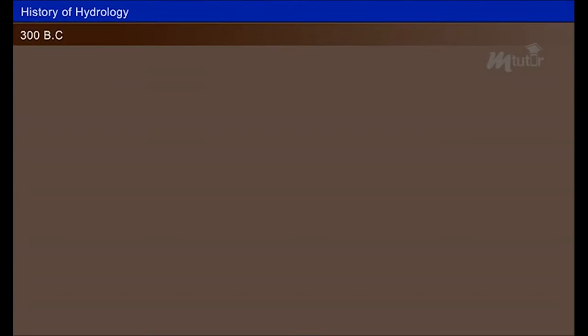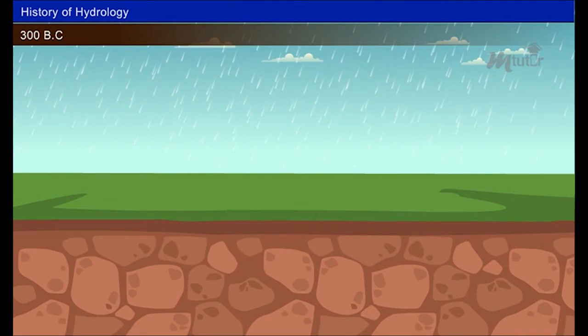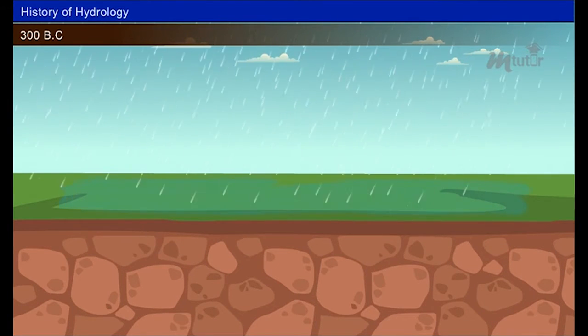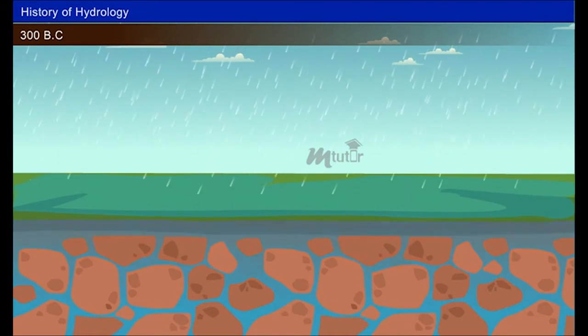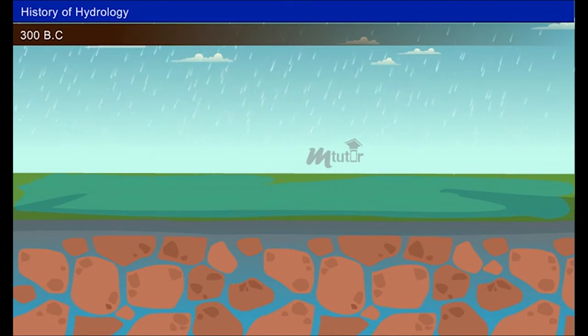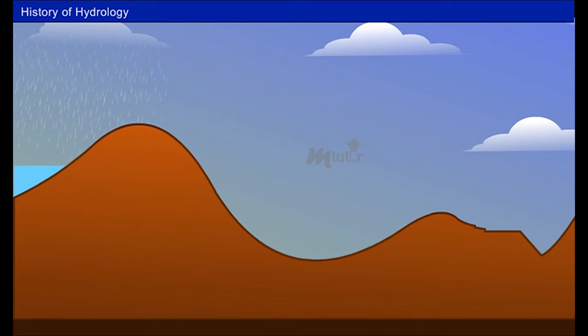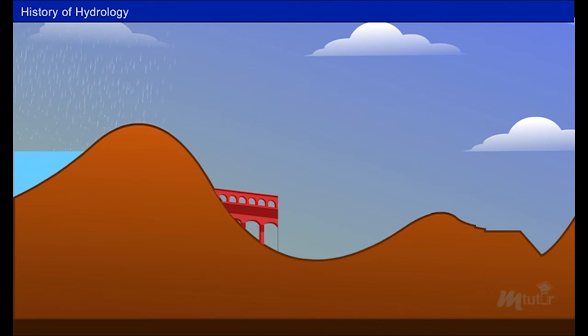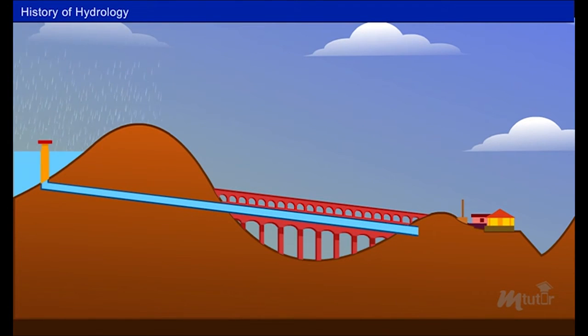Around 300 BC, Aristotle stated that all water for rivers comes from the precipitation and gets collected below the surface of the earth and emerges when that water quantity increases. Later, during the civilization development, people learned many principles of hydrology and started to construct many dams and reservoirs for storing rainwater.